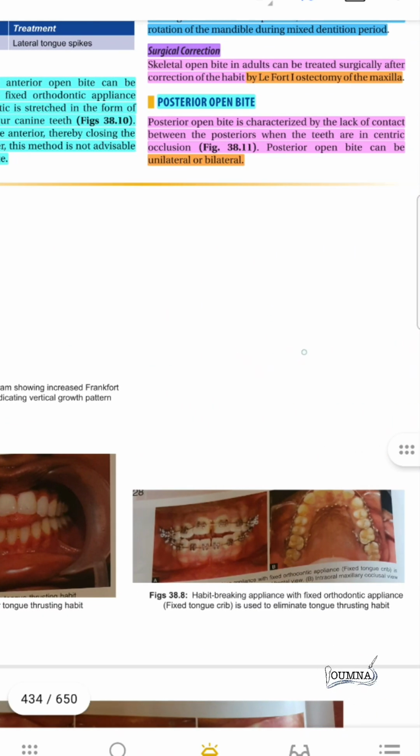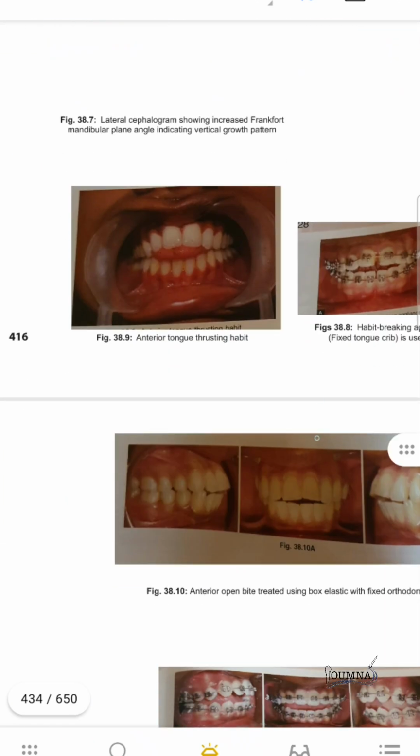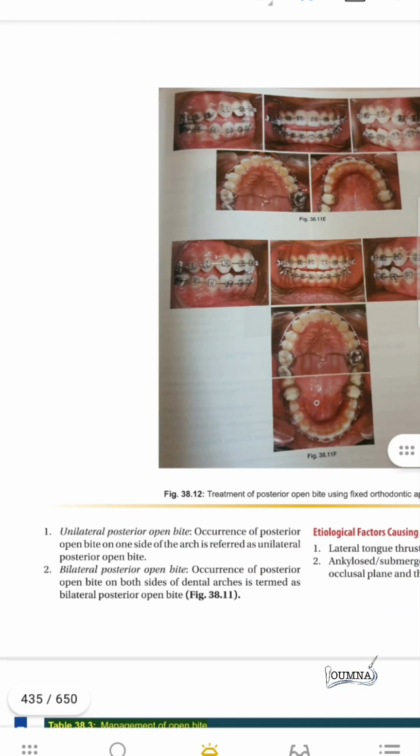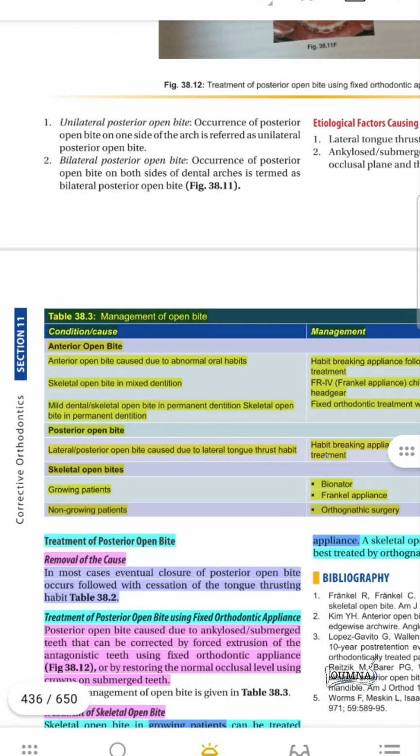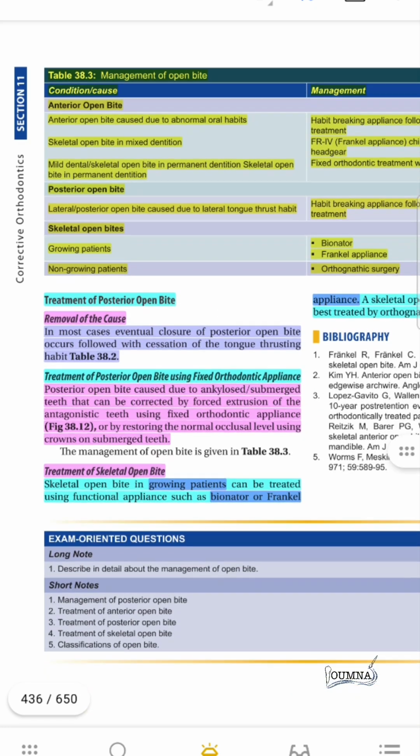Now, how can we treat the posterior open bite? As we said, it can be unilateral or bilateral. We said that there are two types of causes. If it is the lateral tongue thrusting habit, we can remove it using habit breaking appliances.